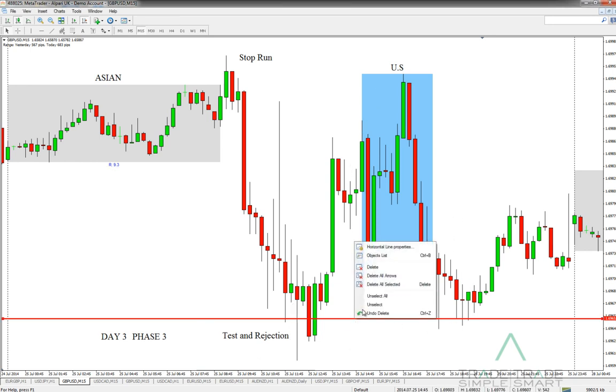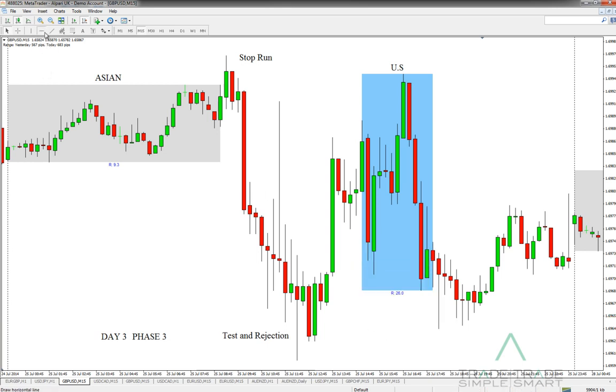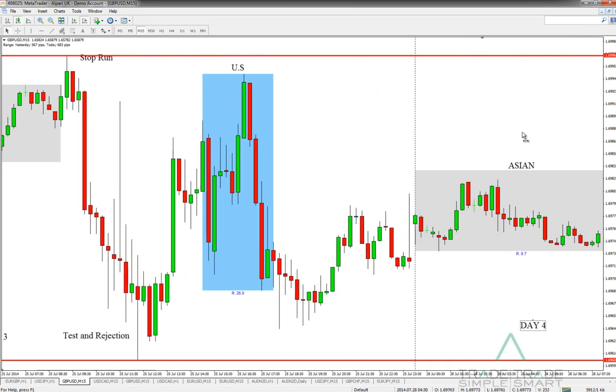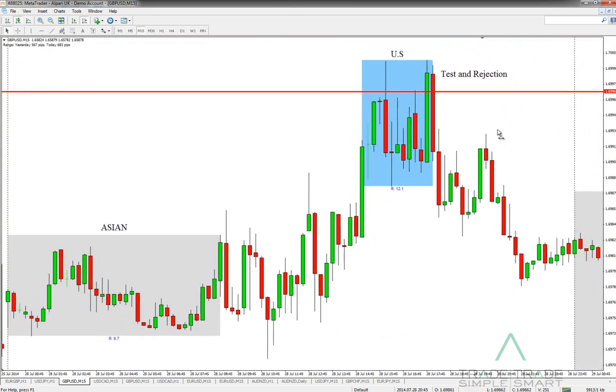I do the same thing, and we mark off the high and also the low of the session, and we'll move on to day 4. Okay, and in day 4 we have no action of the previous day's lows, but look at what they do at the previous day's highs.